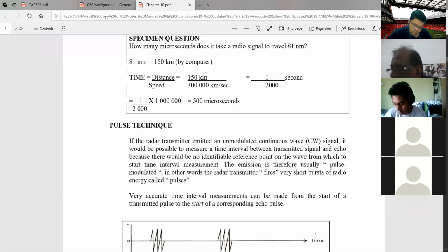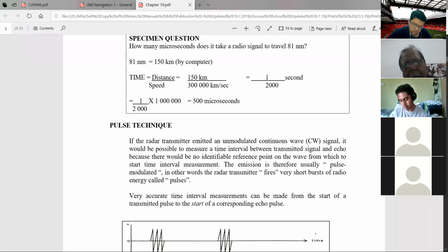So I got around 13 microseconds. Yes, that's correct. That means the pulse width of this particular radar, where you have the minimum range of 2 kilometers, should be 13.5 microseconds. Isn't it?